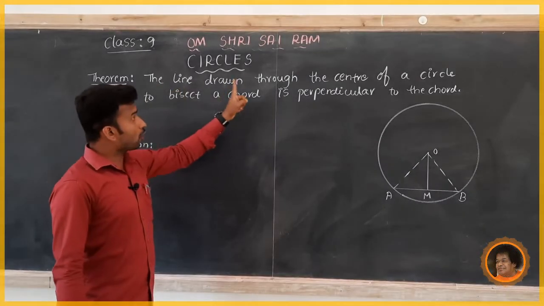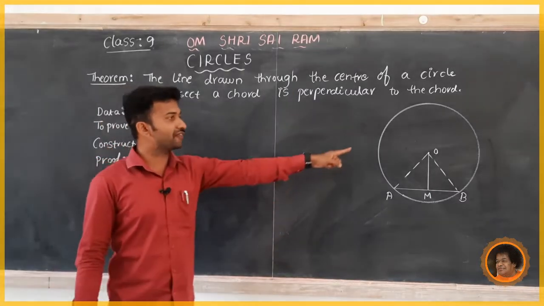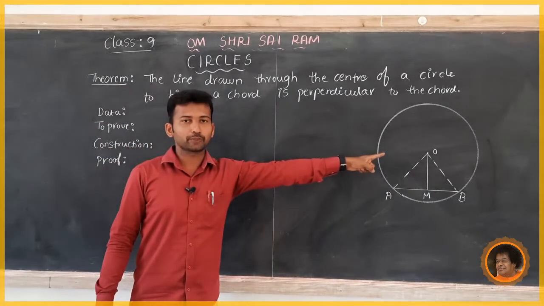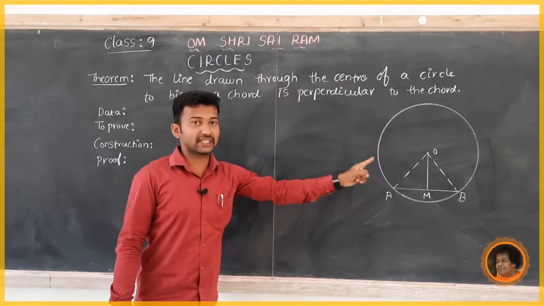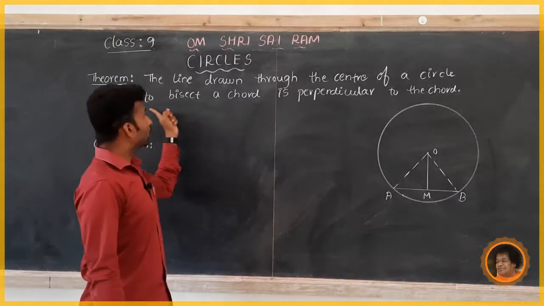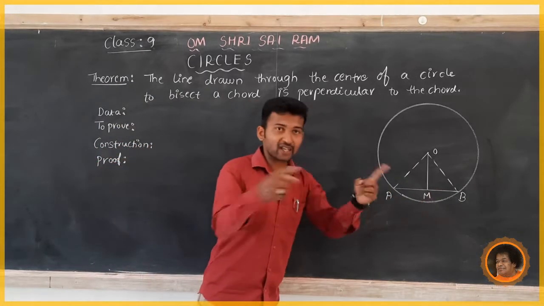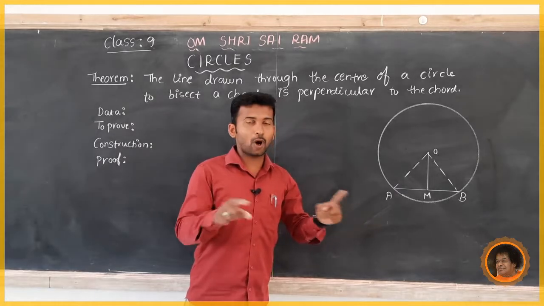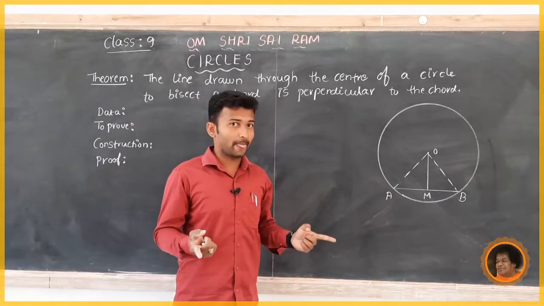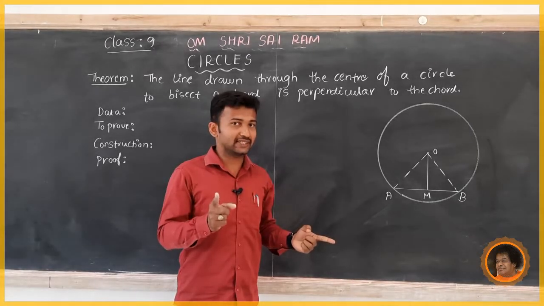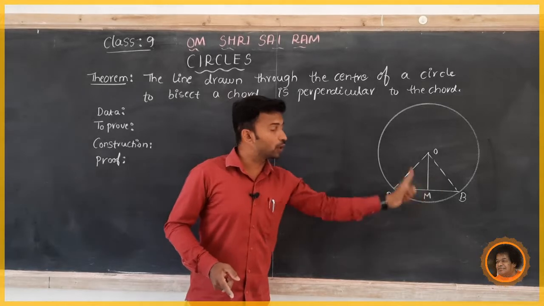The center of the circle is O. The line is drawn from the center of the circle to bisect a chord, which means AM equal to BM.